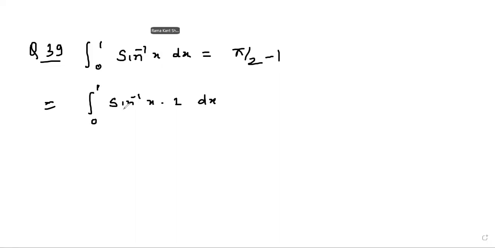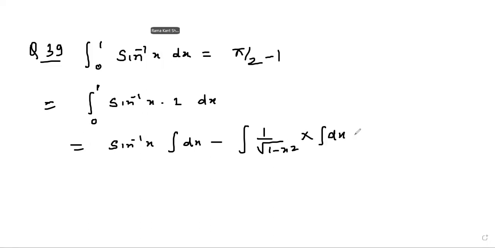We apply integration by parts. So sine inverse x times the integration of 1 dx, minus d upon dx of sine inverse x, that is 1 upon root of 1 minus x squared, times integration of 1 dx, limits 0 to 1. We should not put the limit here; we will put the limit after the work is done.